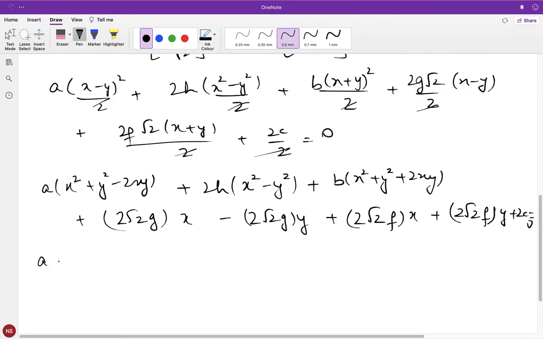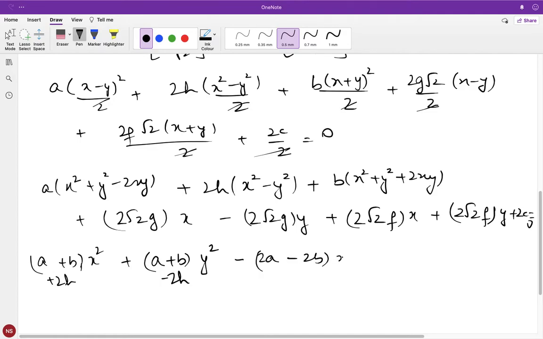Now a x square plus b x square, so a plus b x square, a y square plus b y square, so a plus b y square. Again there was this 2h x square as well, so this is plus 2h, and minus 2h y square. Minus xy term is also there, minus 2a xy, and plus 2b, so you can write it in this way.